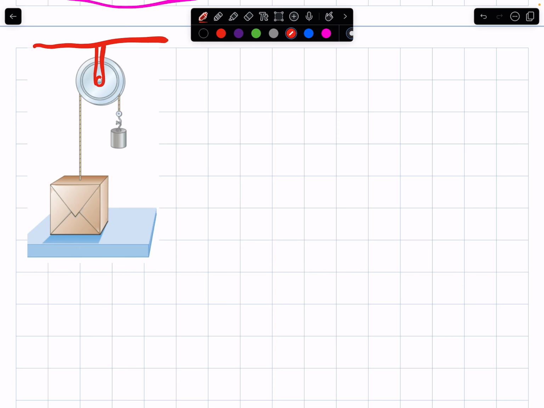There's a cord or a rope hanging over the pulley, attached to a box on one end and to a little weight on the other end. And the whole system is at rest. Nothing is accelerating, so the acceleration of the system is 0 meters per second squared.